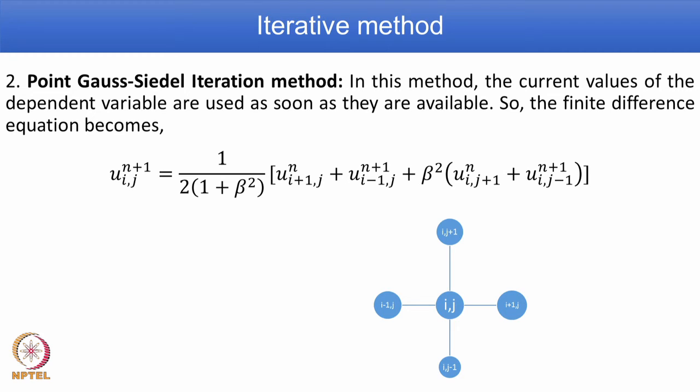So, why not use it, and that is the idea of point Gauss-Seidel iteration method, and we are going from point to point, that is why the word point is used. So, the discretized equation written for point Gauss-Seidel iteration procedure has the immediately found values included. That is why you see the superscript n plus 1 for left side node as well as node at the bottom.